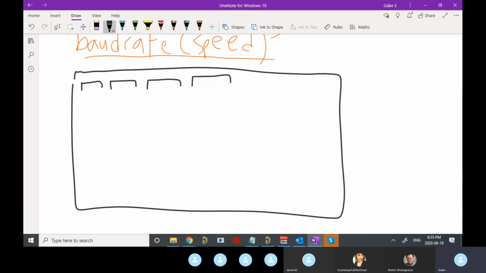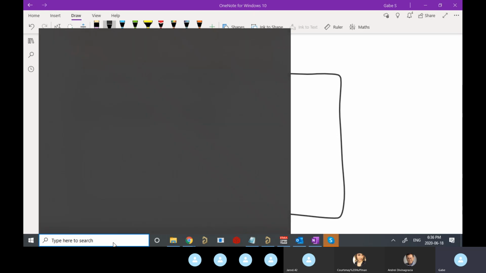You click on the little UART tab, and then it'd say something like baud rate, and a little drop down where you can pick whatever speed you want.